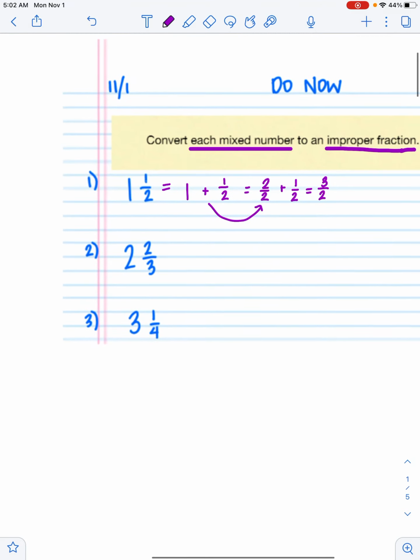If that confused you at all, think of it this way. When I have 1.5, I could draw it out like so. 1 and a half.